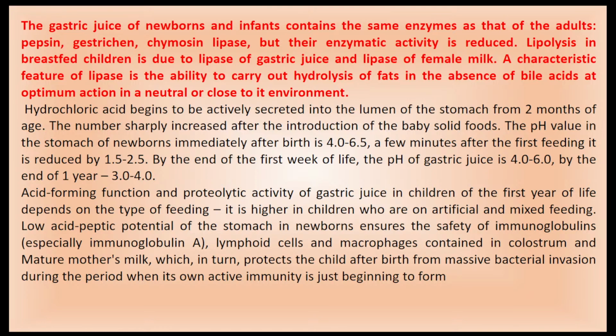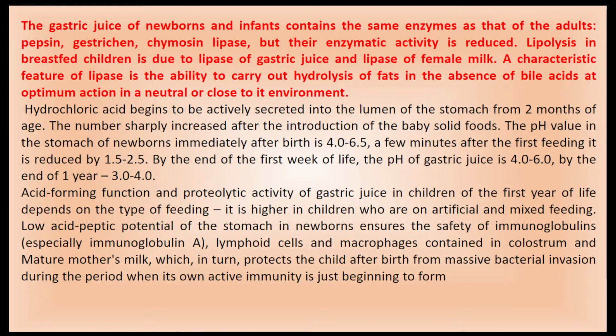Acid forming function and proteolytic activity of gastric juice in children of the first year of life depend on the type of feeding. It's higher in children who are on artificial and mixed feeding.